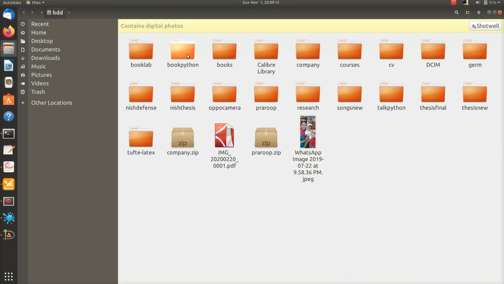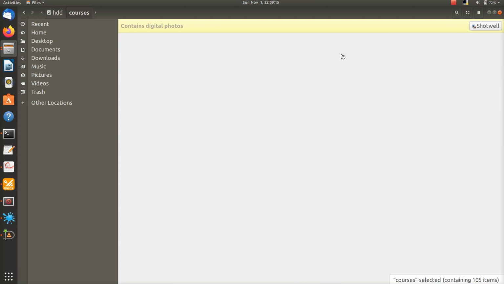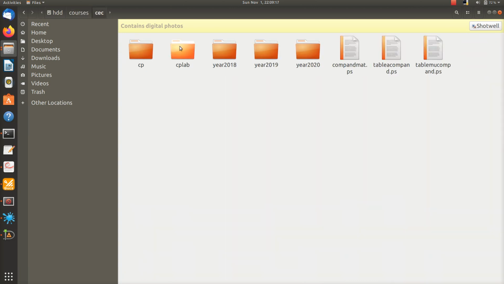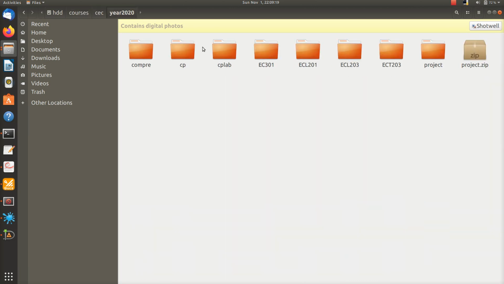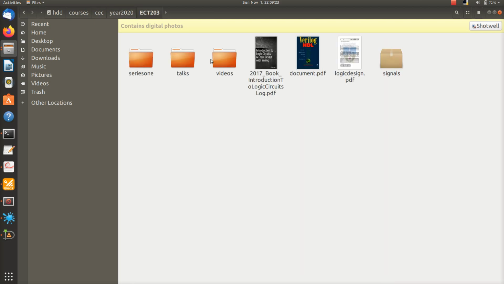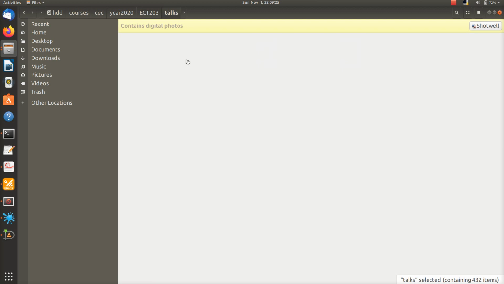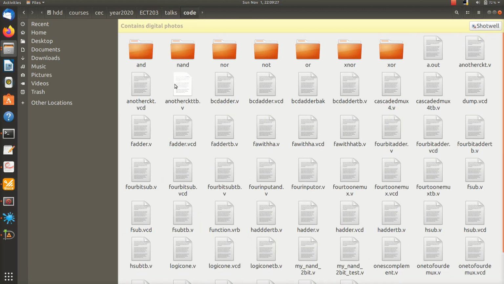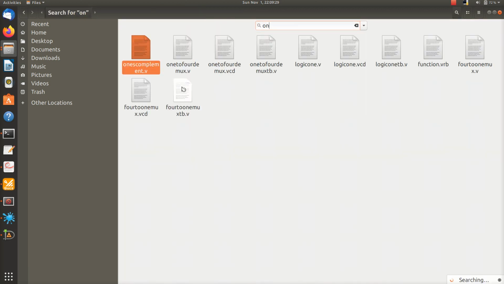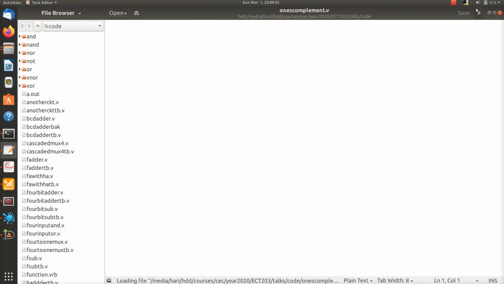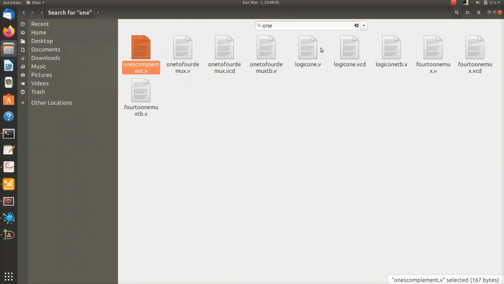So I go to this location. This is the 1 to 4 demux.